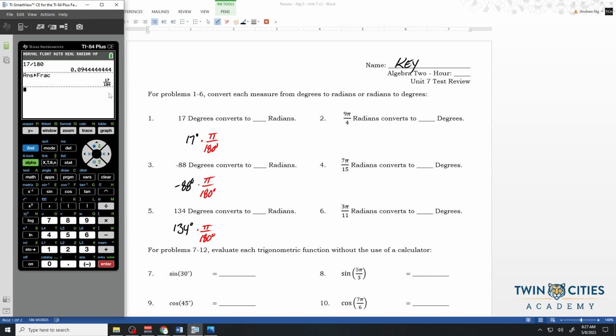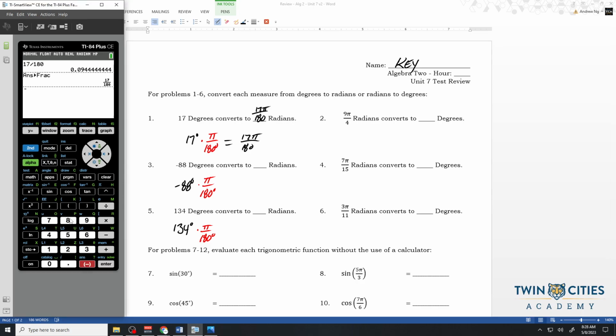This is the most reduced version of what you can get. So this is 17 pi, we'll put the pi back in, over 180. So 17 degrees converts to 17 pi over 180 radians.